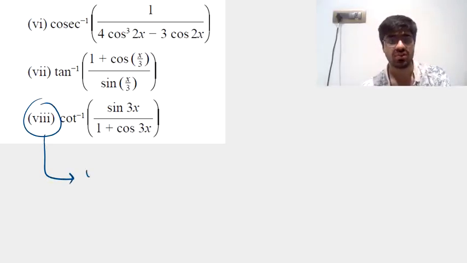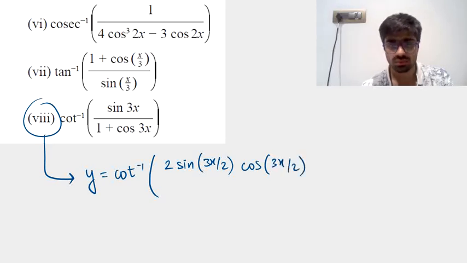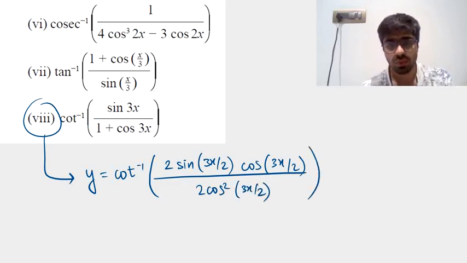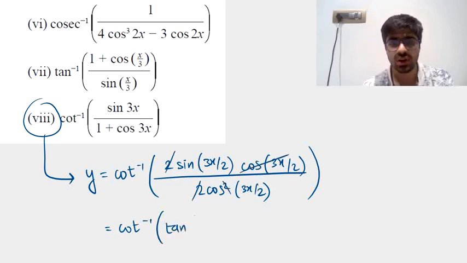The 8th one, we have y equal to cot inverse of (sine 3x, so that is 2 sine 3x by 2 cos 3x by 2), the denominator is 2 cos square 3x by 2. And you have a cot inverse of, see this 2 gets cancelled, 1 cos in the numerator and denominator gets cancelled, so we are left with a tan of 3x by 2.